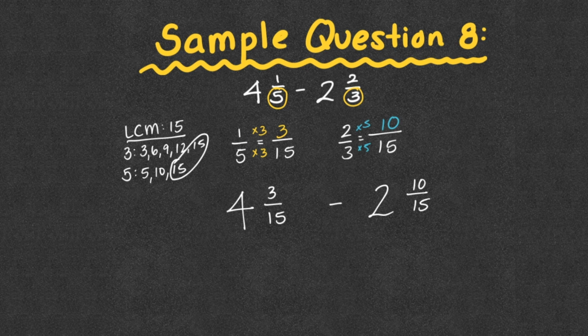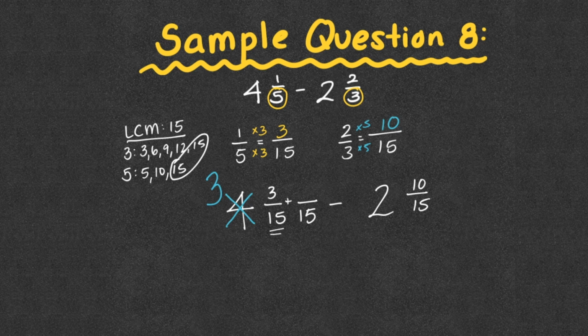So, from here, just like in subtraction, we'd have to borrow from one of our wholes. So we would no longer have 4 wholes, we would have 3. So what do we add? One whole has how many pieces? One whole has 15 pieces, because that's the denominator right here.